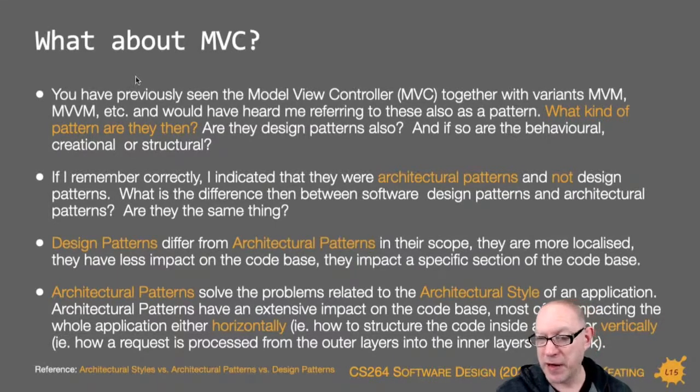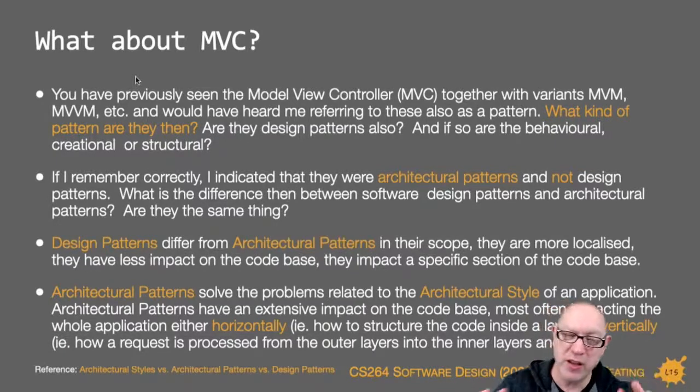So architectural patterns have an extensive impact on the overall code base, and on the application horizontally, in other words how you structure code inside layers, or vertically, how the request is processed from the outer layers to the inner layers and back again. So think about MVC and MVVM.